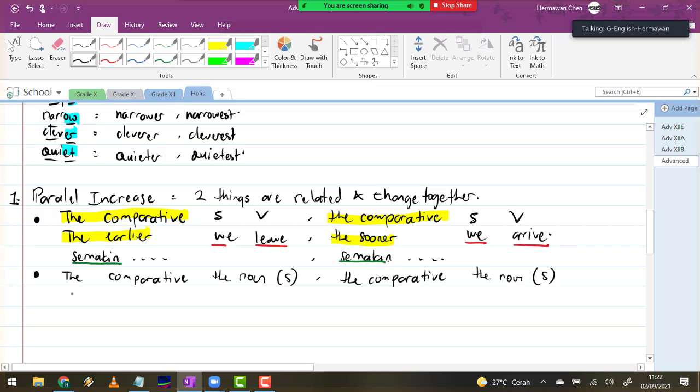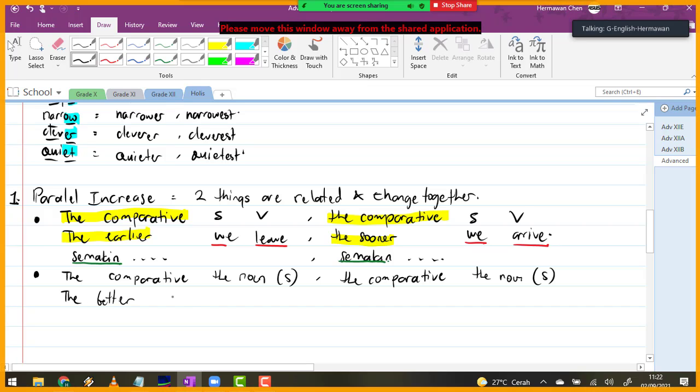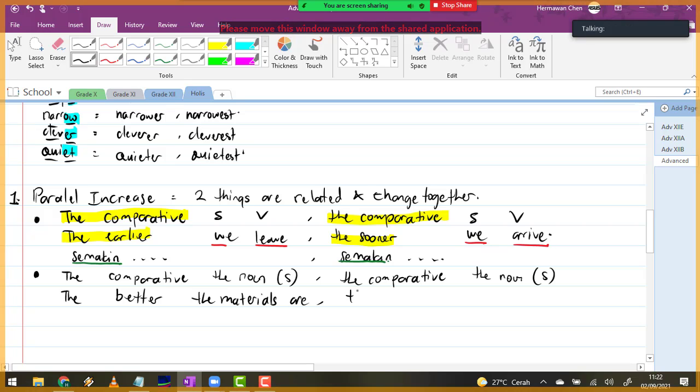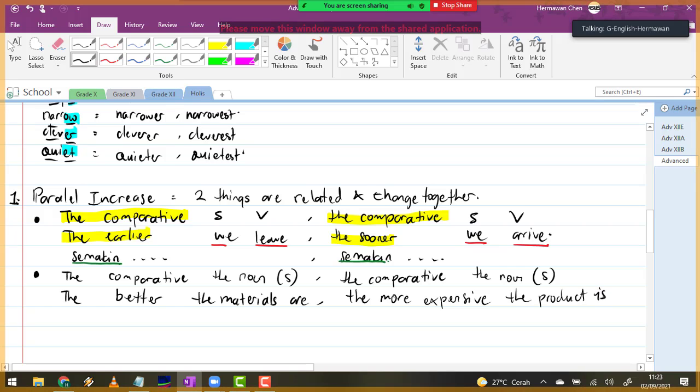Okay, now I'll give you an example. The better the materials are, the more expensive the product is.